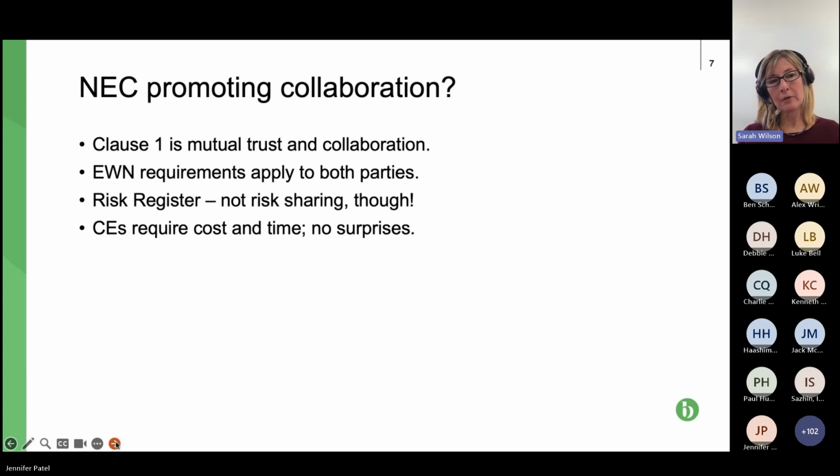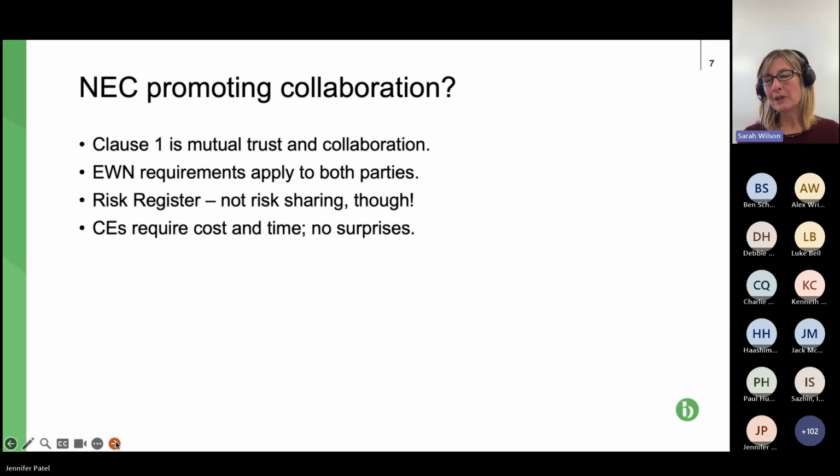It goes into the risk register. That doesn't then determine how the risk is apportioned in terms of the impact it has. If there is some bad weather, that's dealt with separately under the compensation events, which brings us to the final bullet point, which are compensation events.